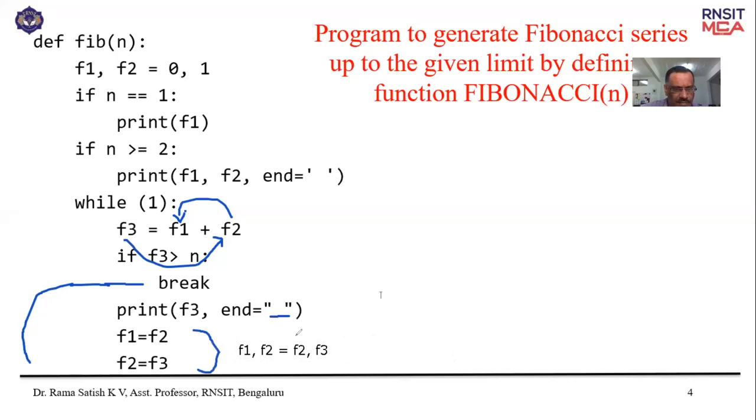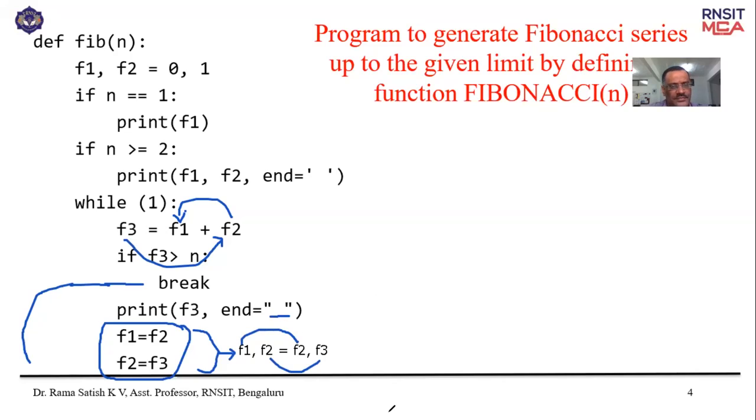So here, what is happening? F2 is shifting to F1 and F3 is shifting to F2. Instead of writing two statements, you could have written it in one single statement like this. That will definitely reduce the program code length.